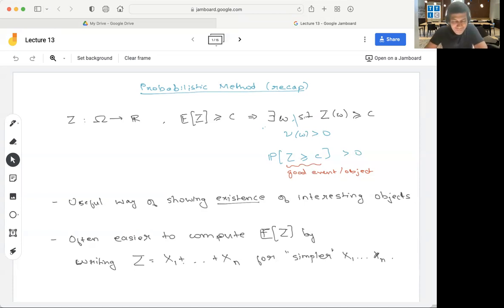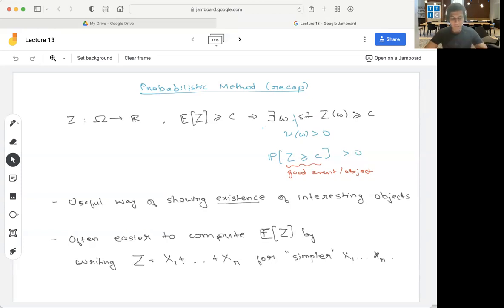And just an observation about the way we applied it is that we can prove existence by computing the expectation of z. And in general, this is not necessarily a comment about the probabilistic method, in many cases it's easier to compute the expectation of z by writing it as a sum of simpler random variables. In a lot of settings, we saw random variables which were either 0 or 1, and then used linearity of expectation.